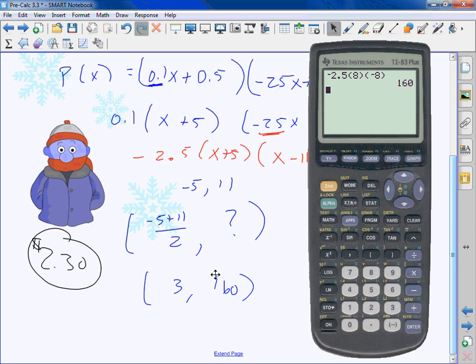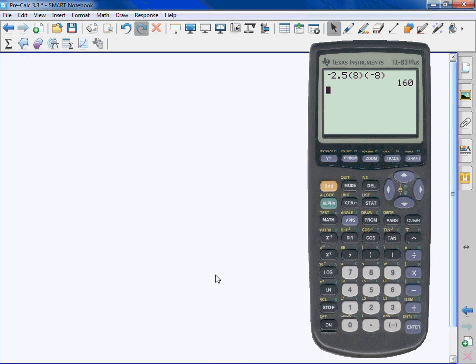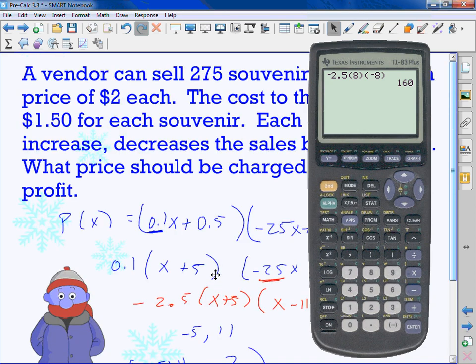There are 3 10-cent increases. So the optimum price to make the most money is $2.30. So 3 is the increase. And that's the end for this.